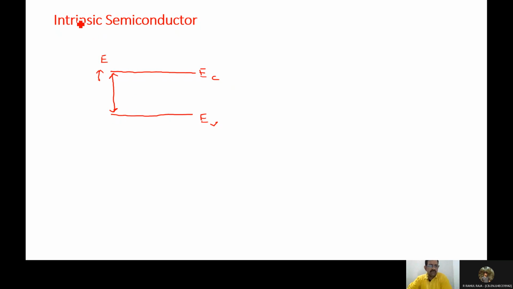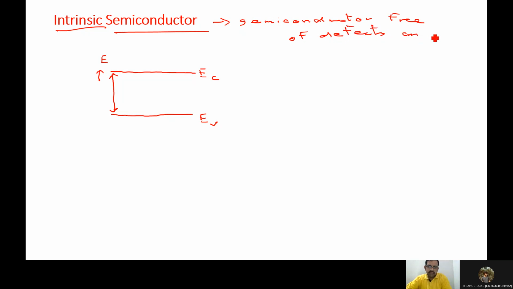So right now we are talking about an intrinsic semiconductor, which means a semiconductor free of defects and does not have any impurity whatsoever.